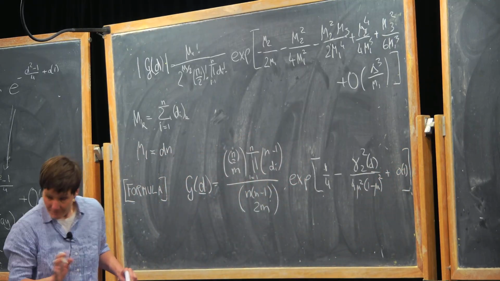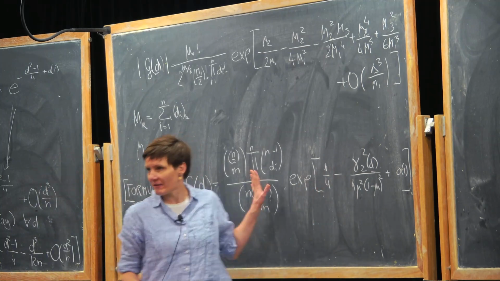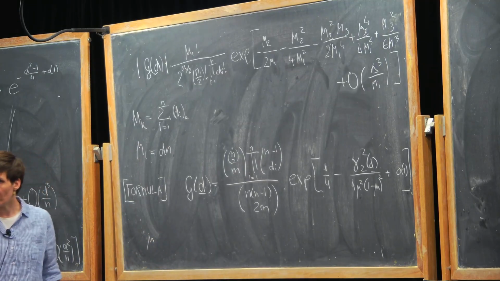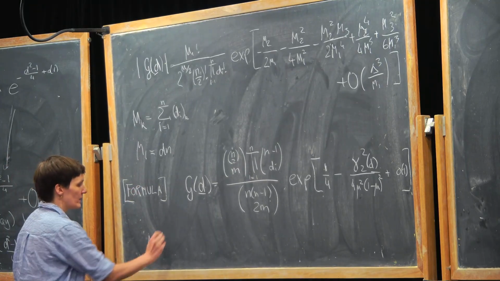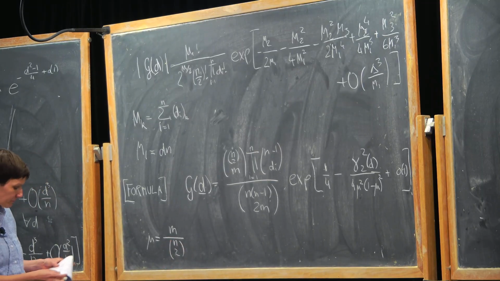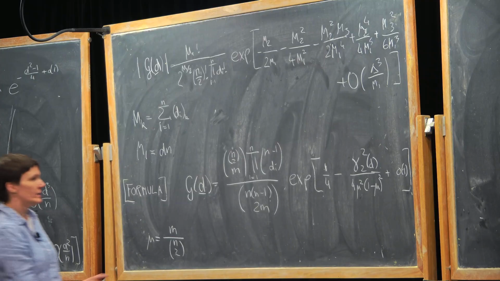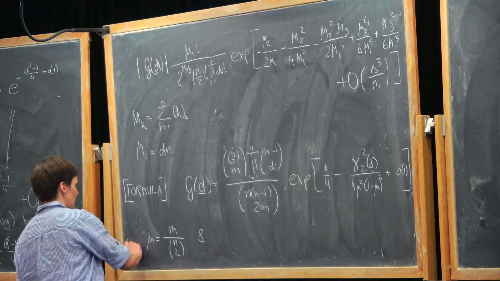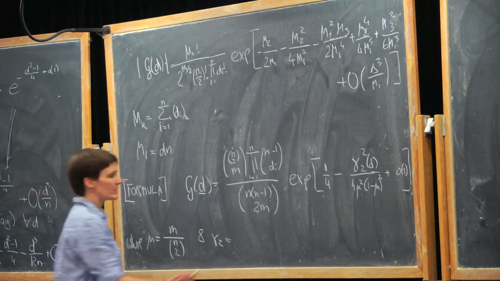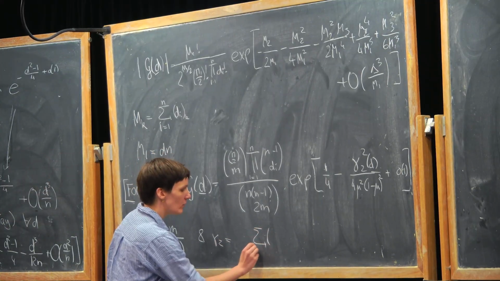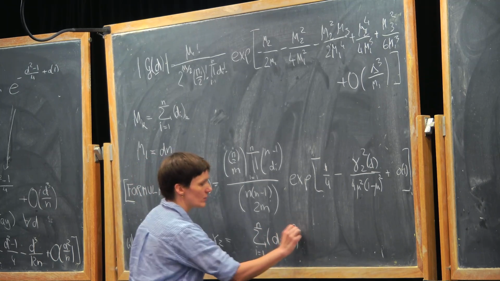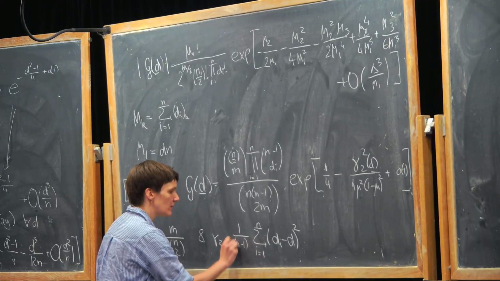Okay. Let me first tell you what mu and gamma are, and then we will digest this together. So mu is simply the density of a graph with that degree sequence. So that's m over n choose 2. And gamma 2 is like a scaled variance. So that's the sum over all i of (d_i minus d) squared times 1 over n minus 1 squared.